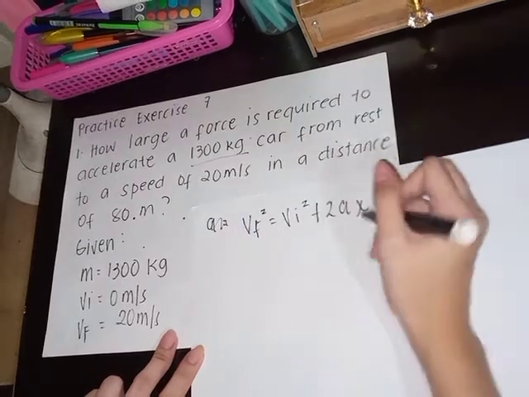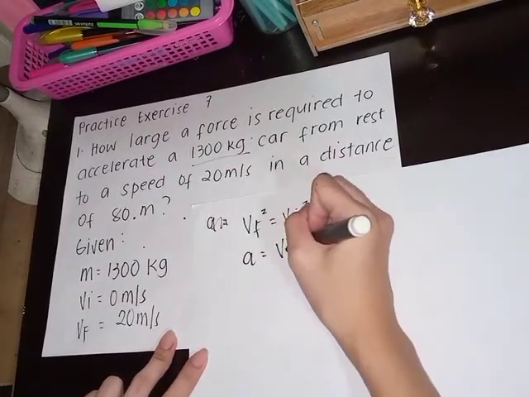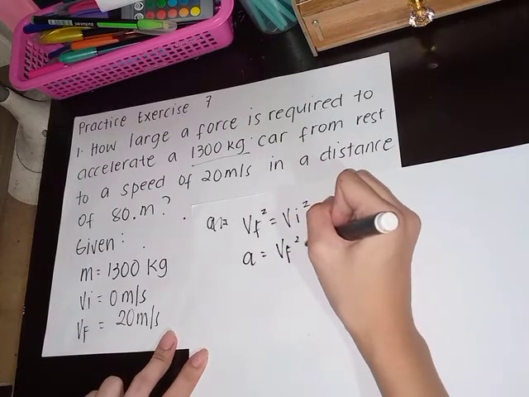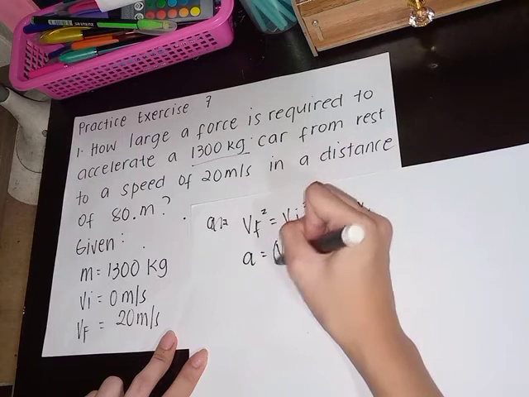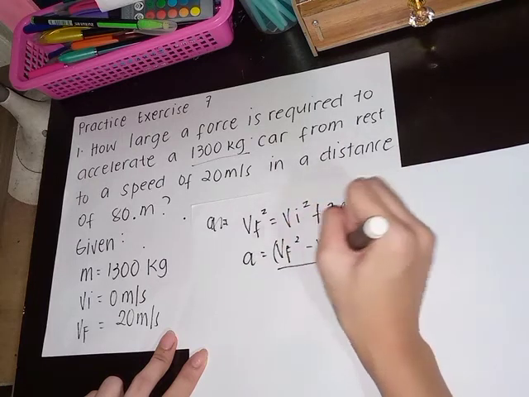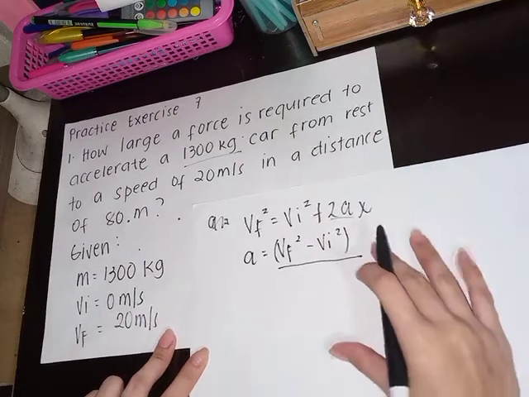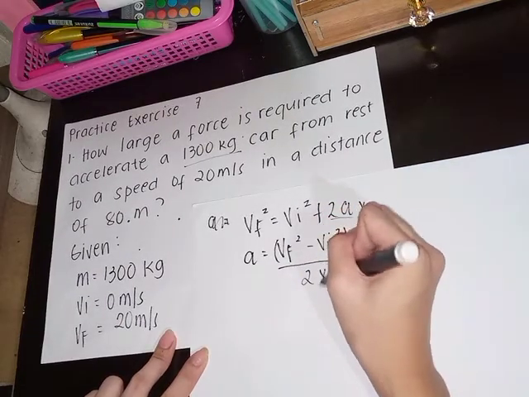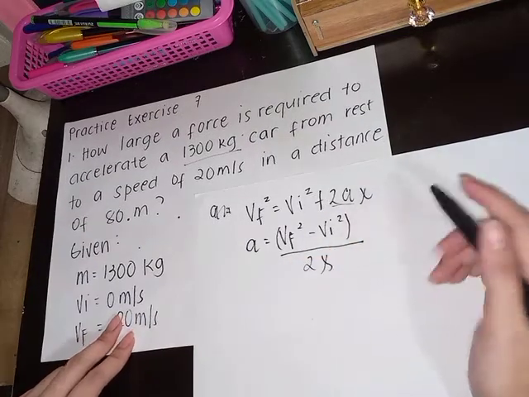So, para makuha yung formula ng acceleration, we have final velocity squared minus the initial velocity squared over 2x. Yan. So, we have the formula of acceleration.